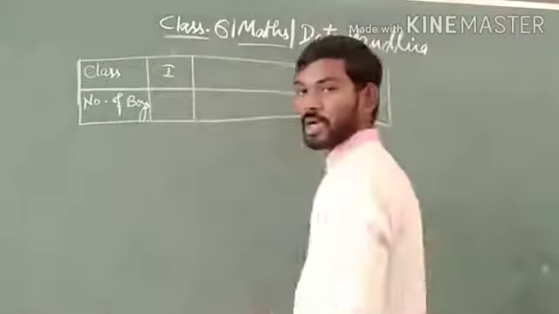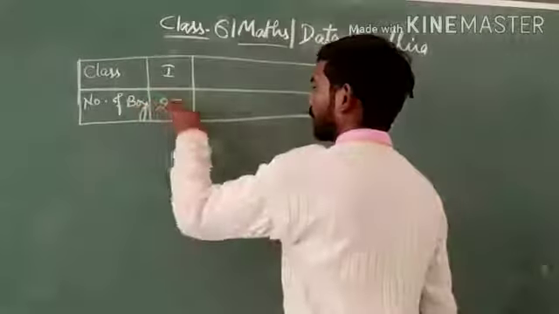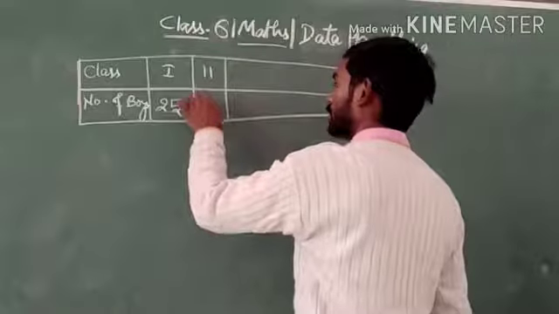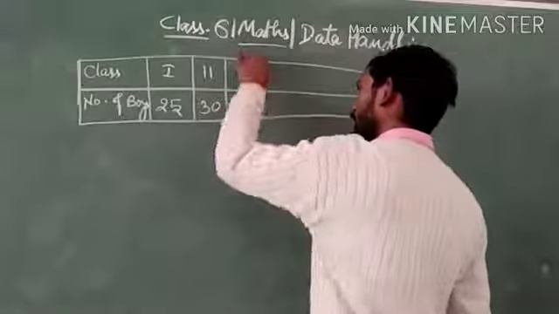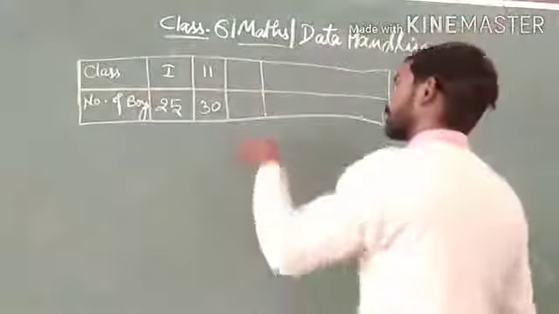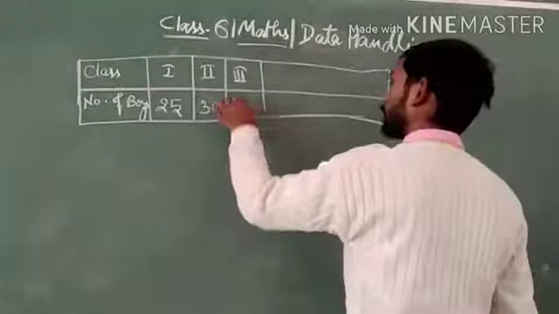In class first, the number of boys is 25. In class second, the number of boys is 30. In class third, the number of boys is 20.